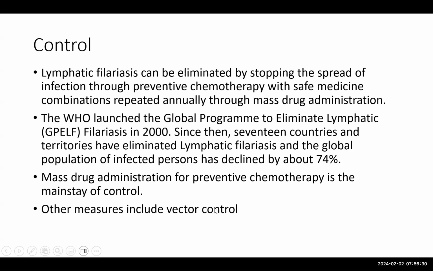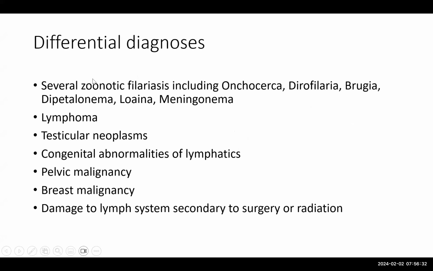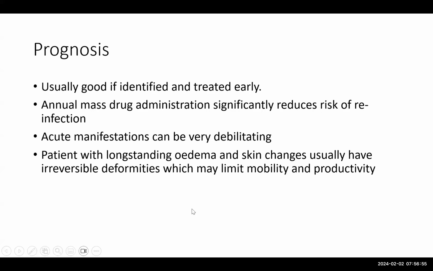Of course, other measures include mosquito control. Differential diagnoses include the other filariases like onchocerciasis, lymphoma, since we're talking about enlarged lymph nodes and lymph obstruction, enlarged testes, testicular, pelvic or breast neoplasms, congenital anomalies of lymphatics, and damage to the lymph system secondary to surgery or radiation.